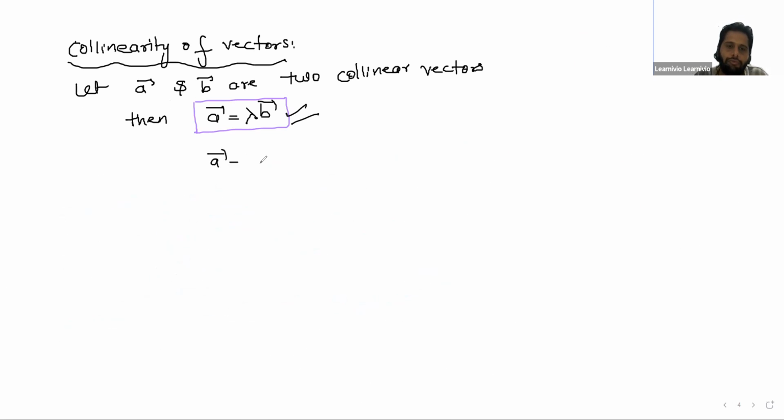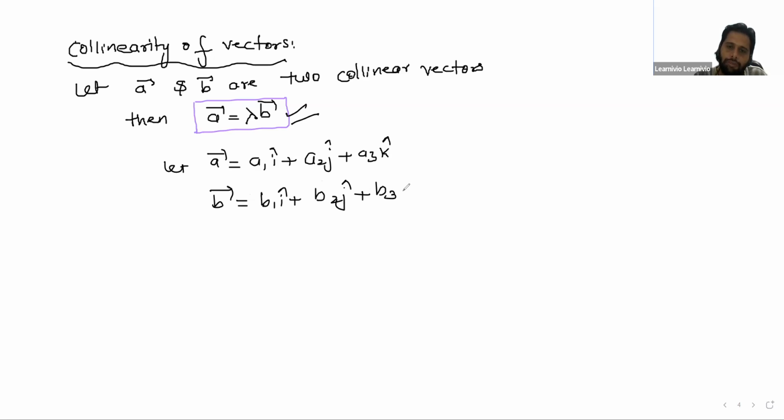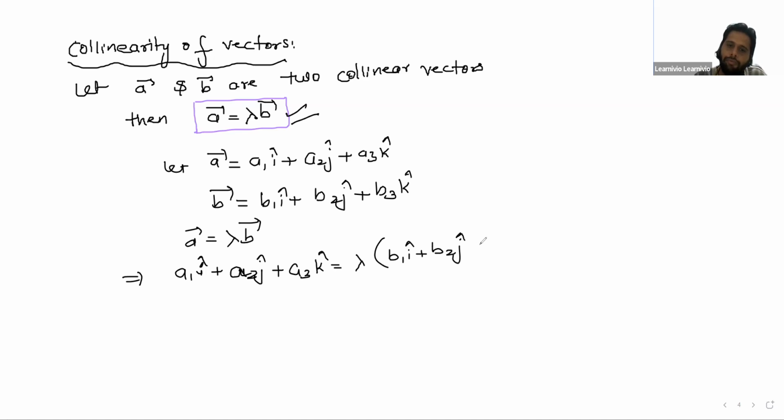Let vector A be equal to A1 i cap plus A2 j cap plus A3 k cap. Vector B is equal to B1 i cap plus B2 j cap plus B3 k cap. Now, if A and B are collinear, then A is equal to lambda times B. So that means A1 i cap plus A2 j cap plus A3 k cap is equal to lambda times B1 i cap plus B2 j cap plus B3 k cap.